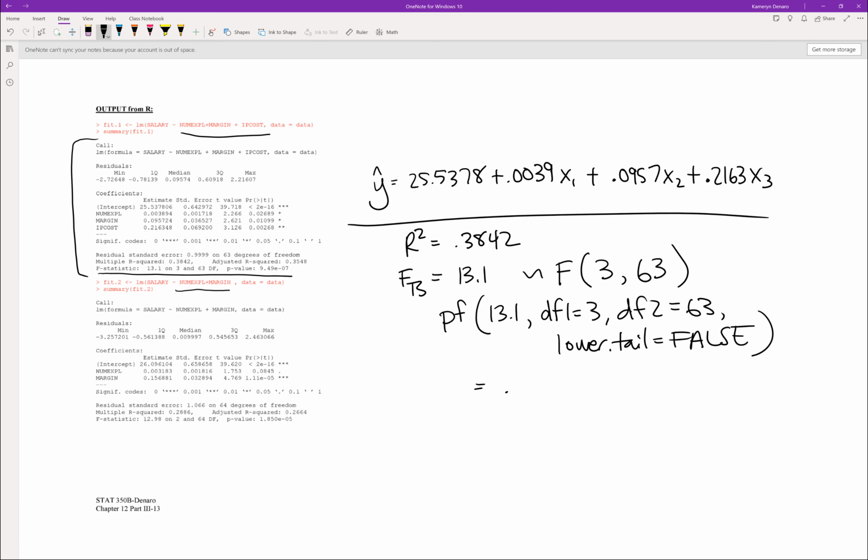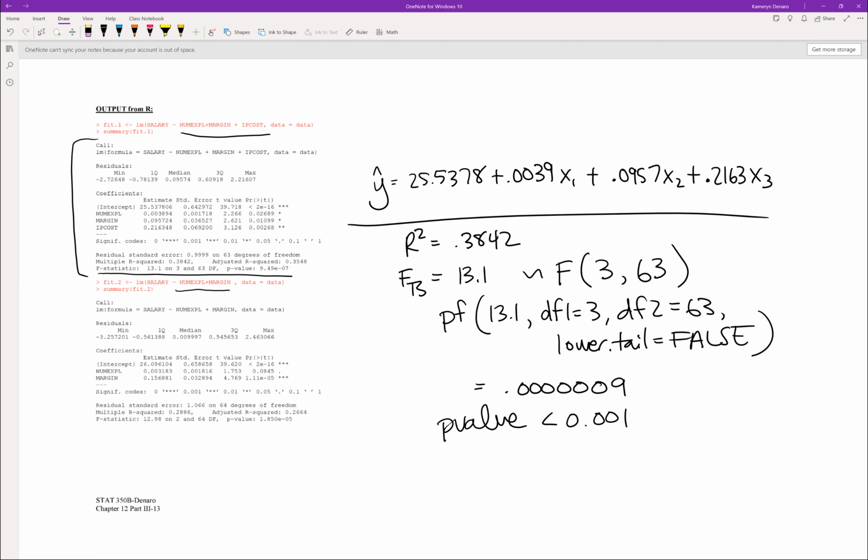That should equal 0.123456. Okay, that means our p-value is less than 0.001. So overall, these 3 variables are predictive of y.